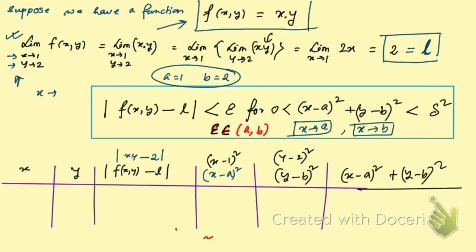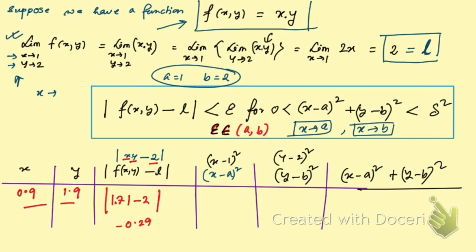Now let me write x is suppose 0.9 and y is suppose 1.9. This is close to 2, 1.9. And for that case, what will be x into y minus 2? X into y, if you multiply these two, what are you going to get? 0.9 times 1.9 is 1.71, minus 2, and that's going to be equal to minus 0.29.